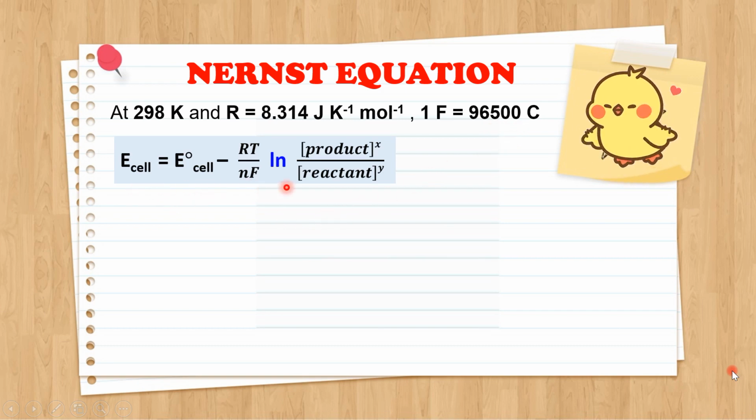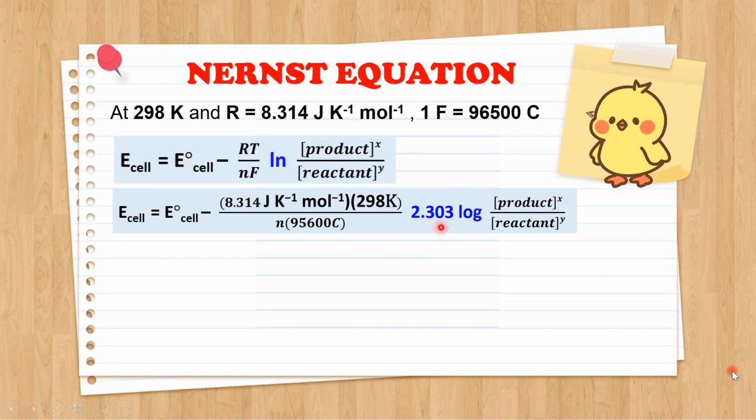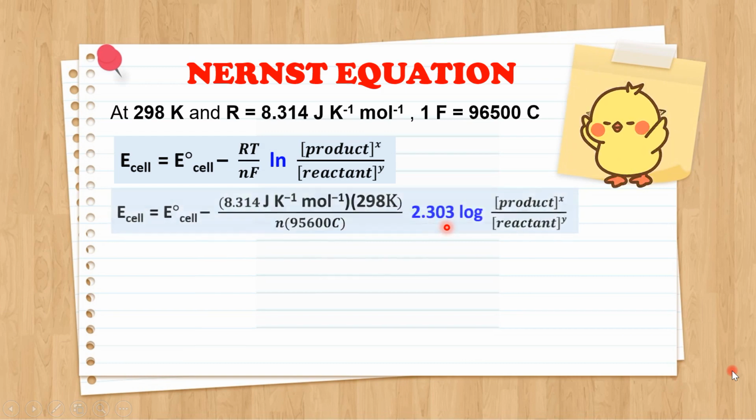Alright, so this is the Nernst equation. If we want to change from ln into log, you have to multiply by a constant, that is 2.303, and then substitute the value of R, that is 8.314, the temperature, that is 298, and the Faraday F, 96500 coulomb.